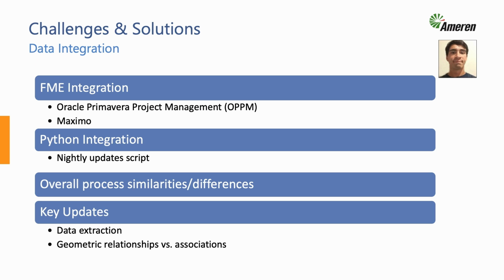The general steps involved in these different processes remained the same, right? Most of these are basic ETL, extract, transform, load. But we did update a few things. I listed two. One was data extraction.